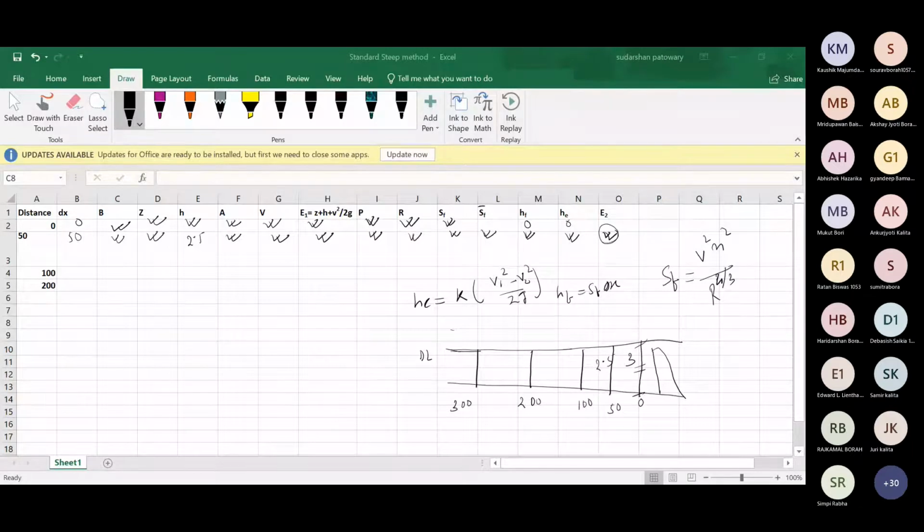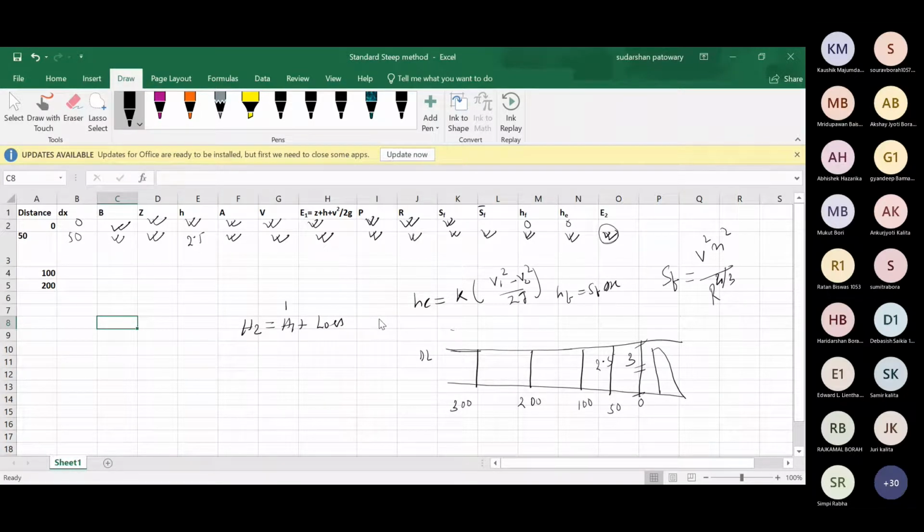Okay, sorry, I mean the Excel sheet. Excel is visible now. So see, H2 is equal to H1 plus loss. I am just writing loss here. E1 you know here, E1 means H1.